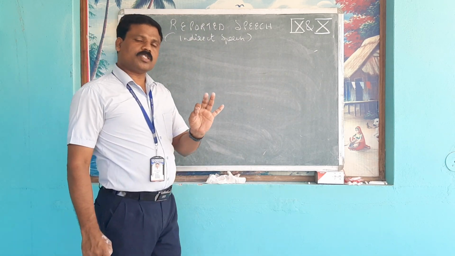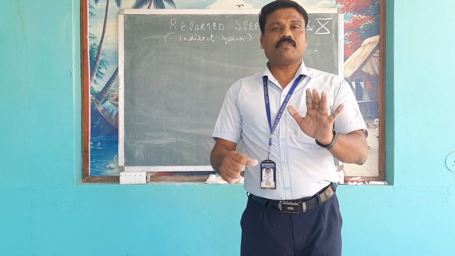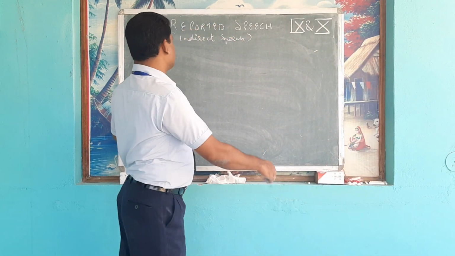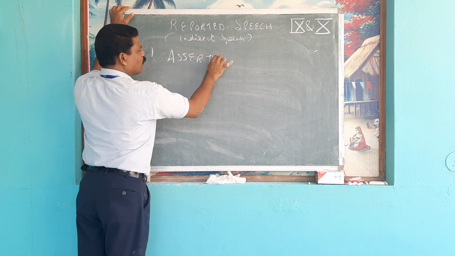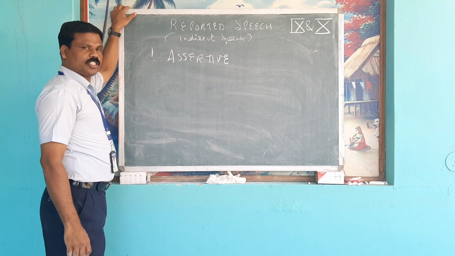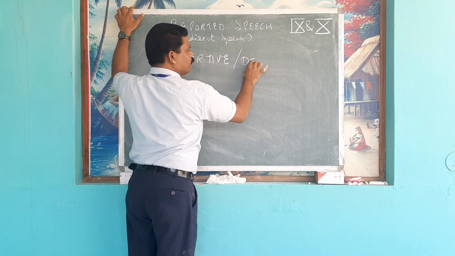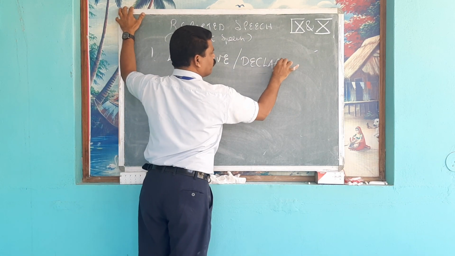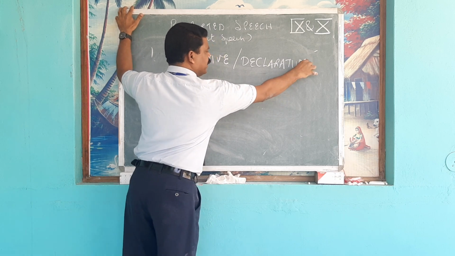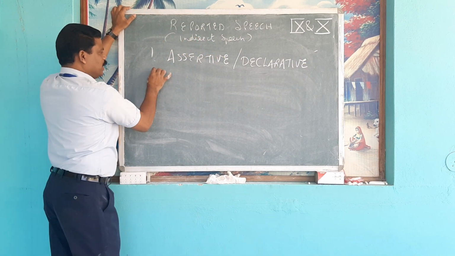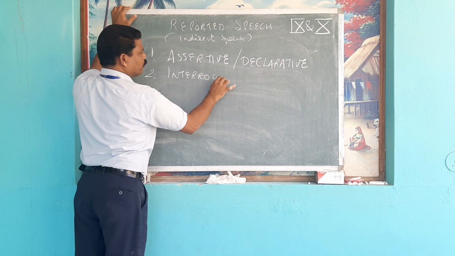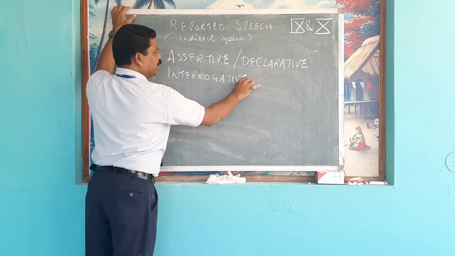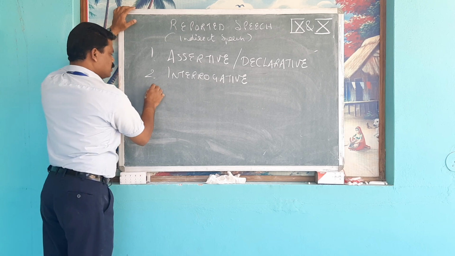Most of you know that there are 5 types of sentences in English. Number one, assertive sentence or declarative sentence. Number two, interrogative sentence.